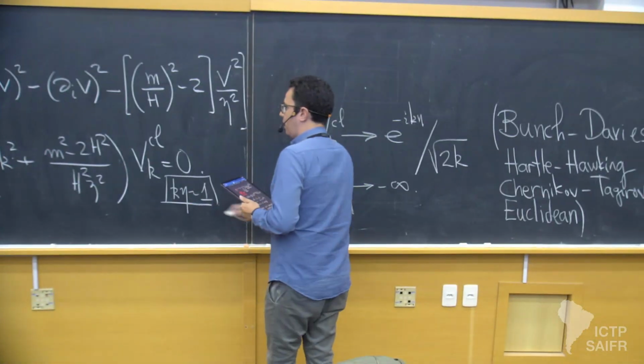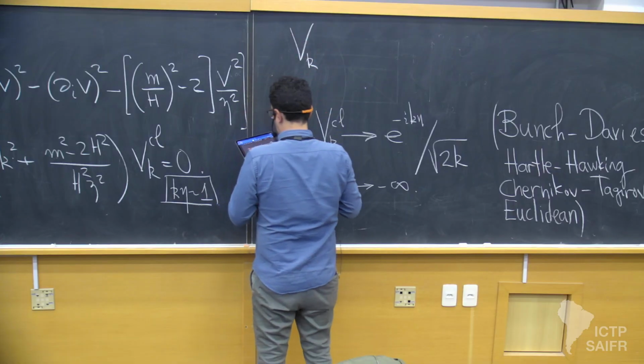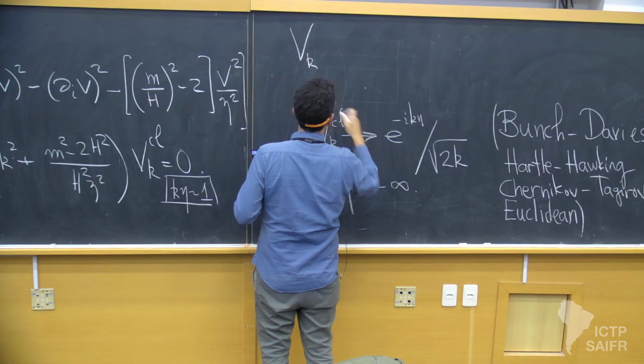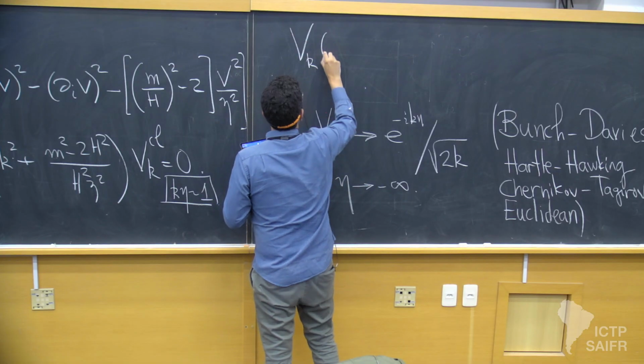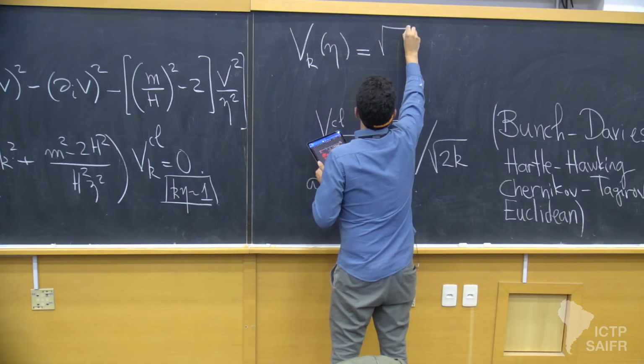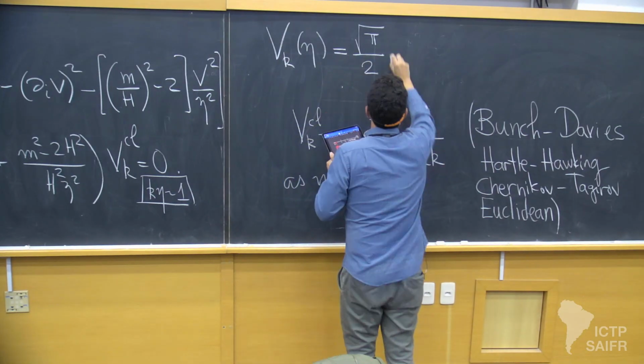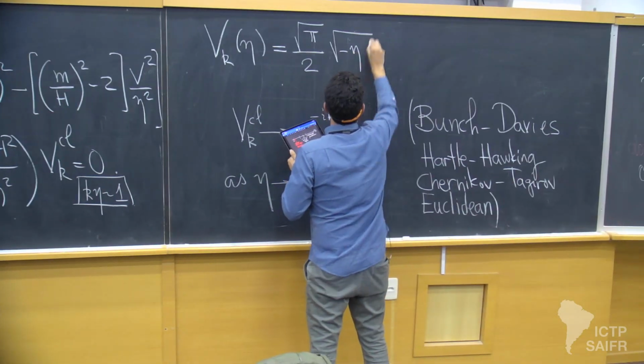If you really want to know what is the actual solution of the wave equation that corresponds to this quantization condition, just to show you that I did my homework, I copied this. I have no idea how to derive it. On a desert island, I would have nothing to say.